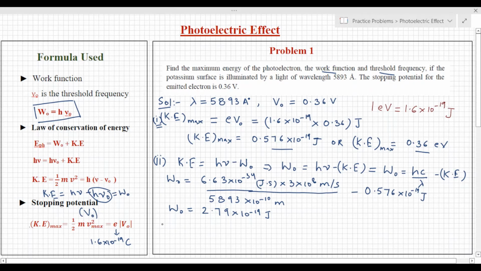The third part of this numerical is to determine the threshold frequency. Threshold frequency can be obtained from this expression directly. Threshold frequency nu naught is represented as W naught by h.